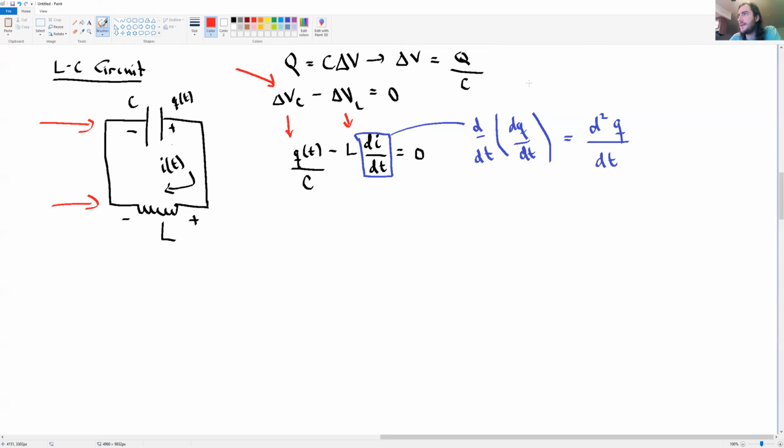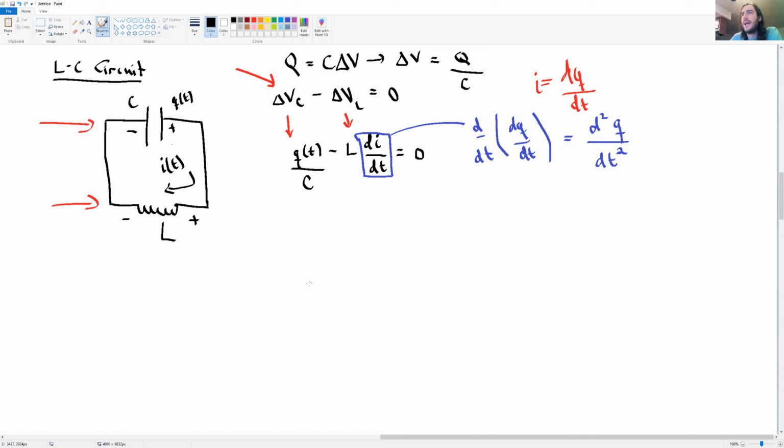Current is dq dt. I, by definition, is dq dt here. And so the second derivative of the charge comes into play here. It looks like I forgot a 2 in the denominator, so it's the second derivative of q with respect to time.